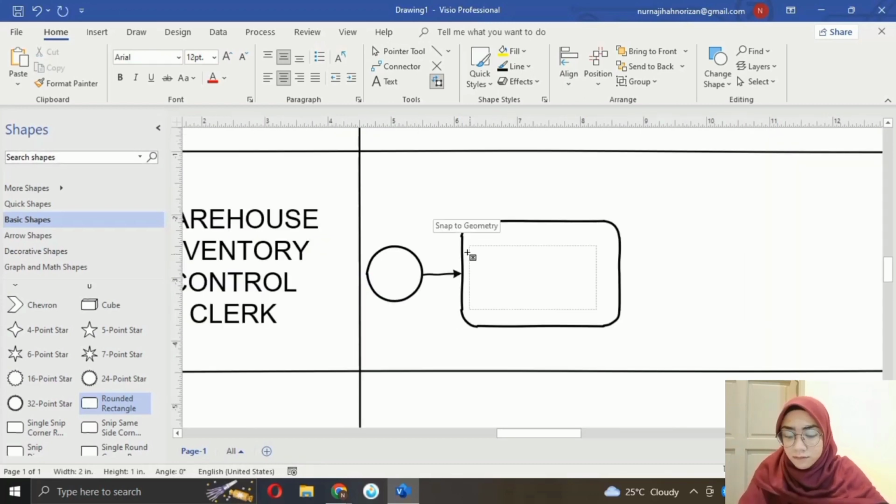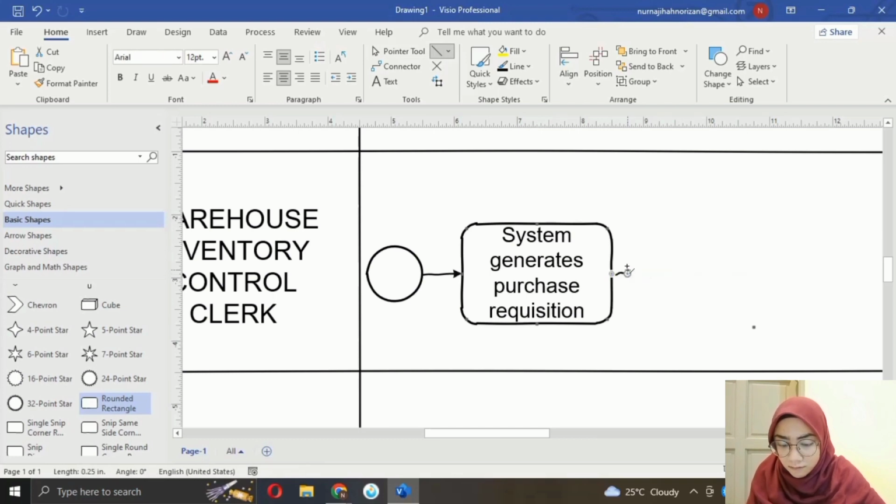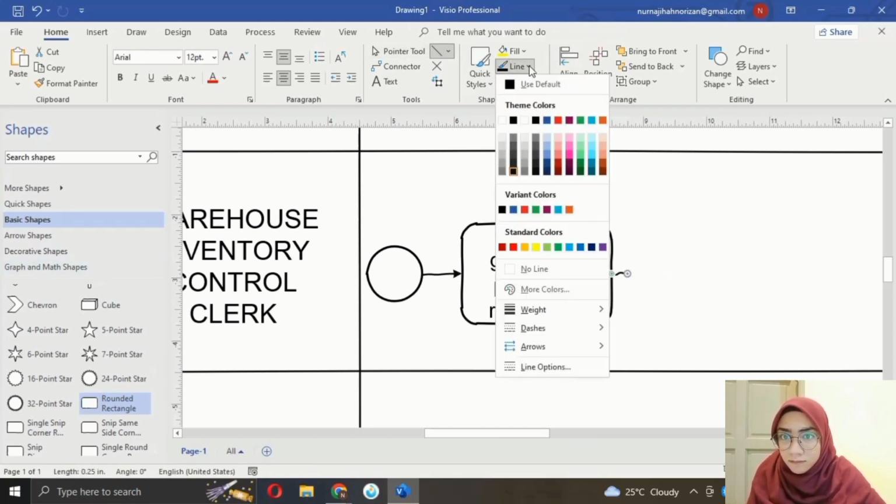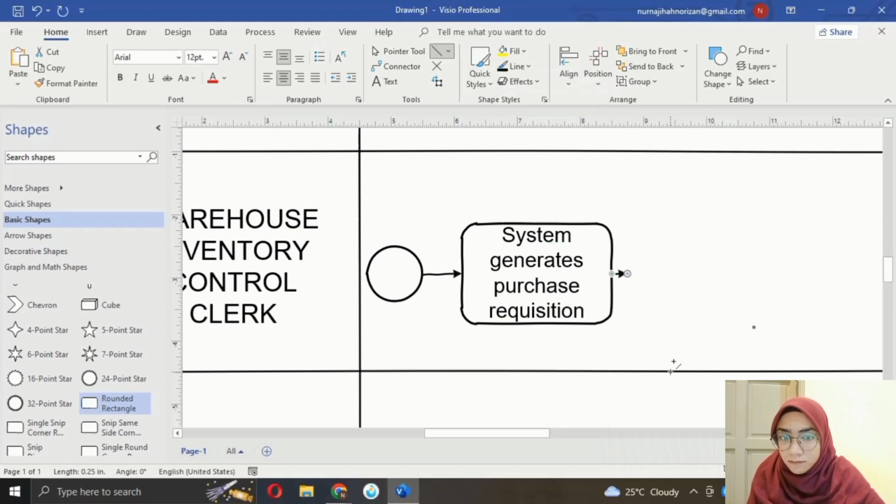So the explanation in this rectangle is system generates purchase requisitions. Next is the arrow symbol to show another flow of the process.